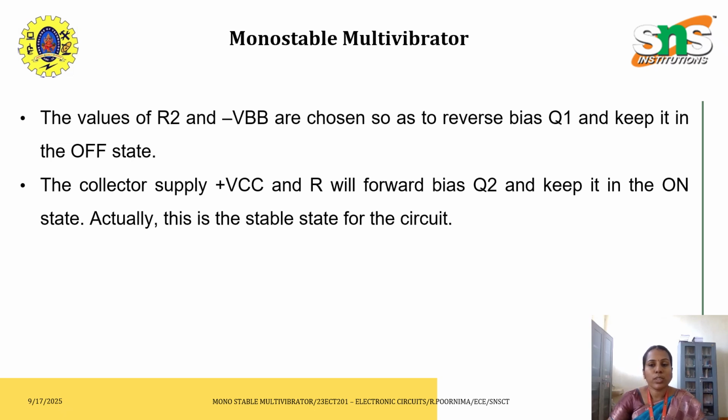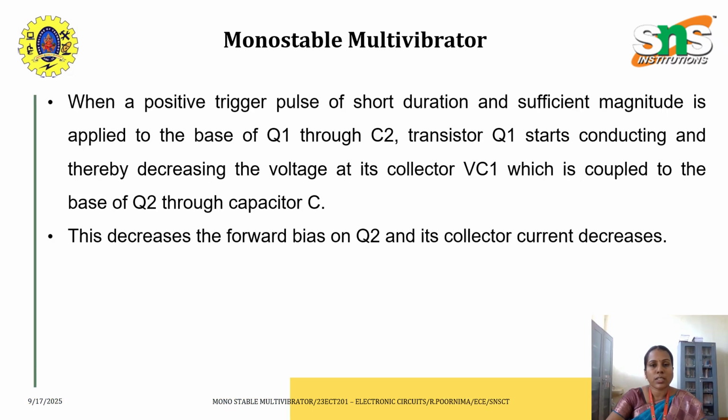We know that it has one stable state and one quasi-stable state. Initially it is in the stable state, and we apply a positive trigger pulse of short duration and sufficient magnitude. We apply this trigger pulse to the first transistor through the capacitor, so the transistor starts conducting.